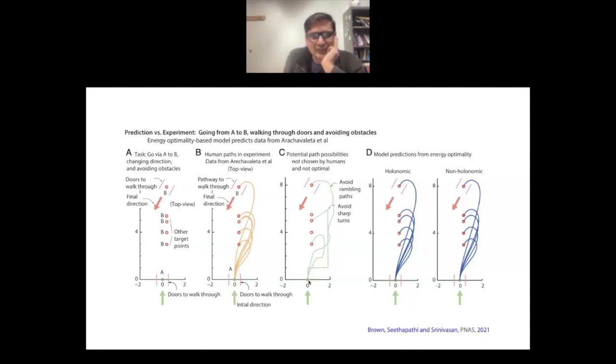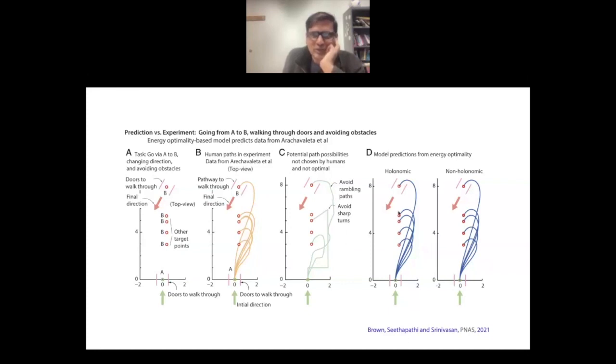You could walk in a variety of different ways, like any of these different paths that we made up. But even if you minimize the energy cost, it turns out that you do predict these sweeping, smooth paths that you roughly observe in real data.